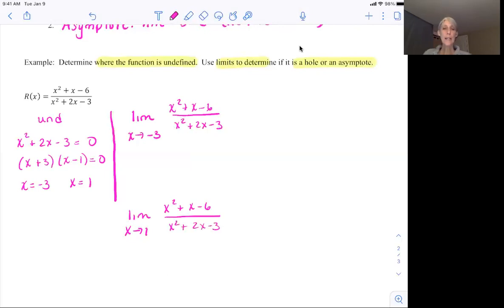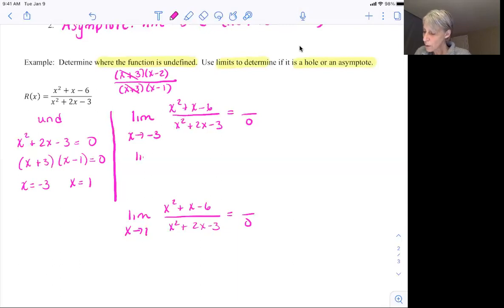Now, the good thing here, we already know when I plug in -3, I'm going to get a 0 in the denominator. When I plug in 1, I'm going to get a 0 in the denominator. So I'm going to reevaluate. I'm going to factor and simplify: x plus 3 times x minus 2, over x plus 3 times x minus 1.